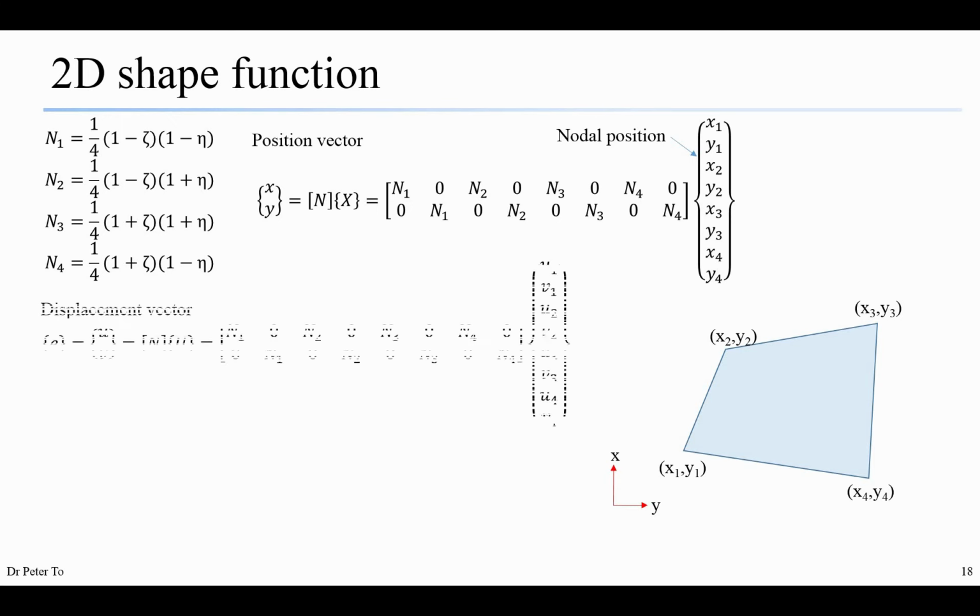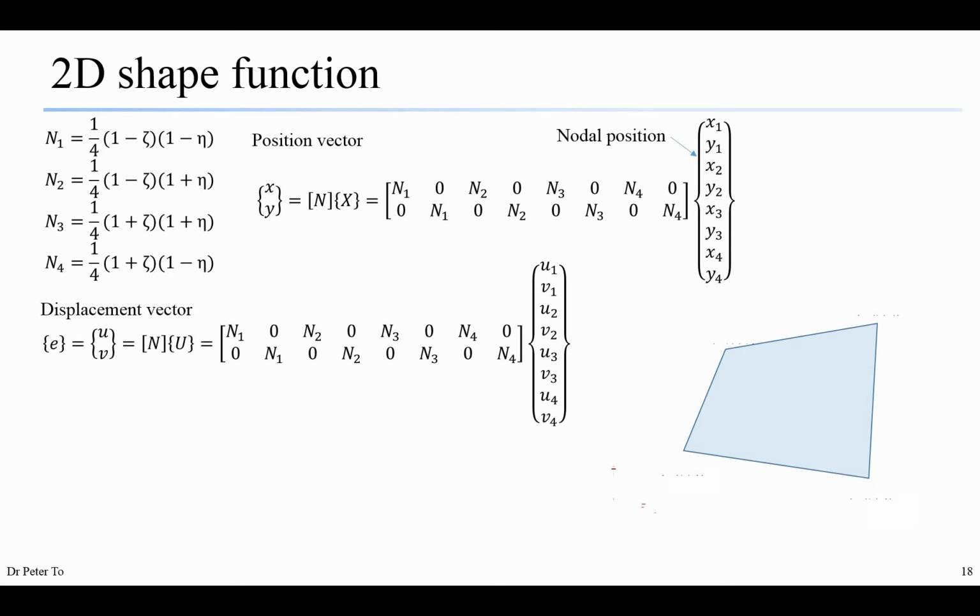And about the displacement, we use the displacement vector e equal to (u, v), and it equals matrix N times the displacement vector of nodes U, which is the nodal displacement vector.